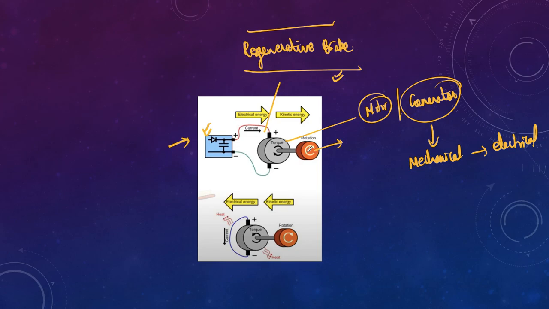Since the wheel is cut off from the other part of the system, it is connected with the generator. The rotating wheel's mechanical energy is used by the generator to produce electricity, and it is stored in the battery.